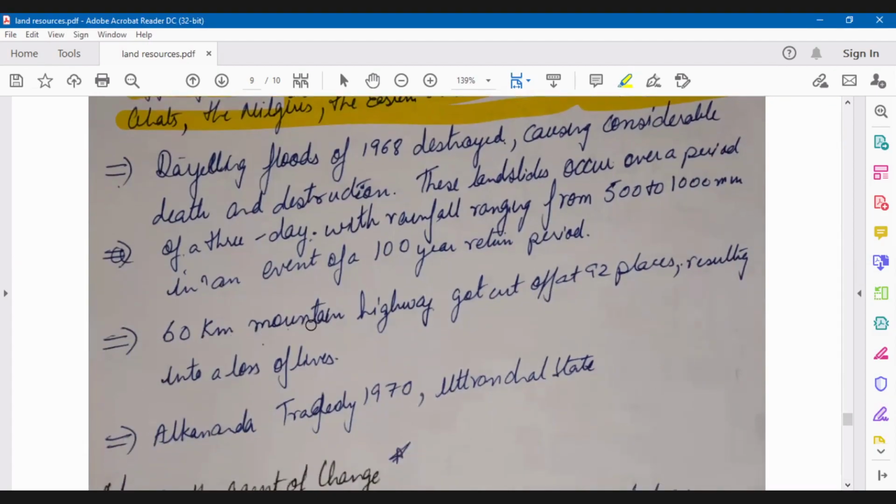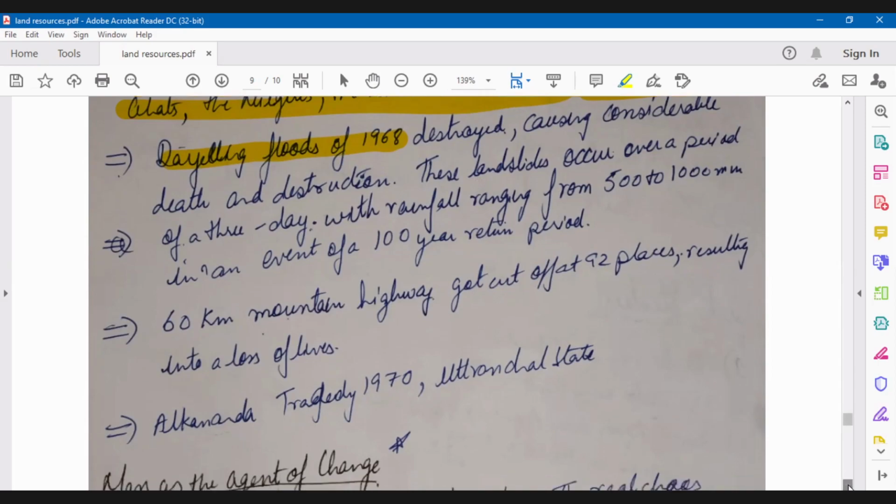A 60-kilometer mountain highway got cut off at 92 places, resulting in loss of life. So a lot of rainfall was seen, 500 to 1000 mm in a 3 day period, which led to landslides at 92 places in a 60-kilometer mountain range, and that led to loss of life.